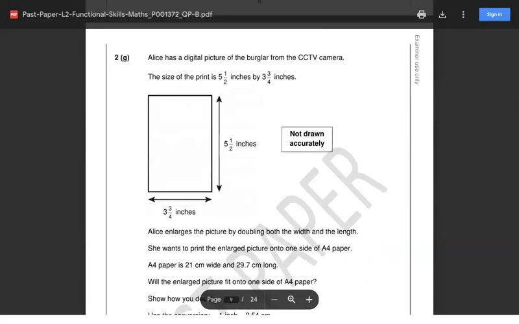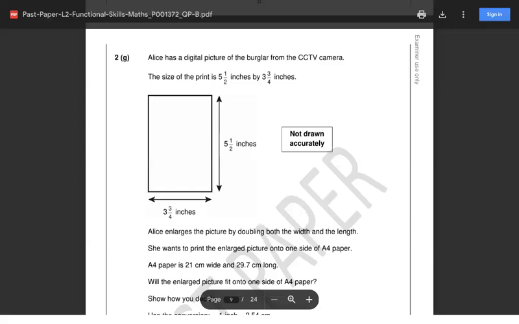Let's look at the next activity. Alice has a digital picture of a burglar from a CCTV camera. The size of the print is 5.5 inches by 3.75 inches. Alice enlarges the picture by doubling both the width and the length.